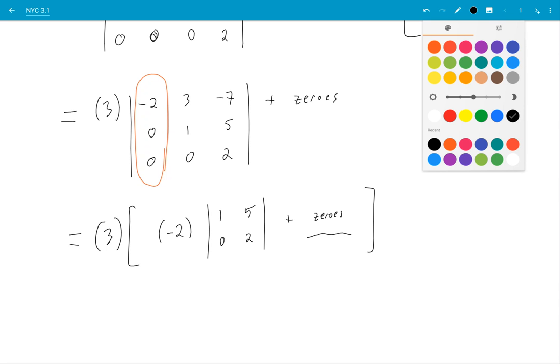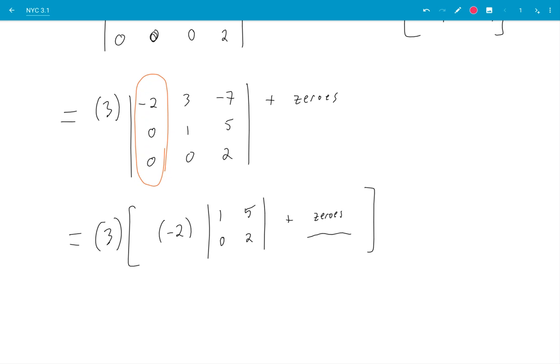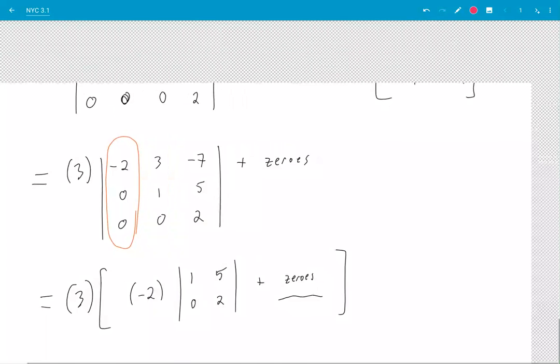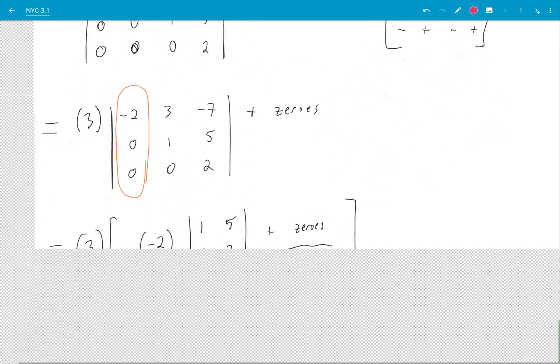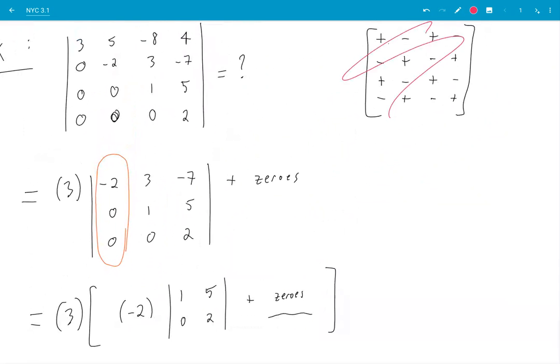Now, here's a common question. What do I put here? Do I put a plus or a minus? When trying to make that decision, do I return to this diagram? The answer is no, you just forget all about this diagram.